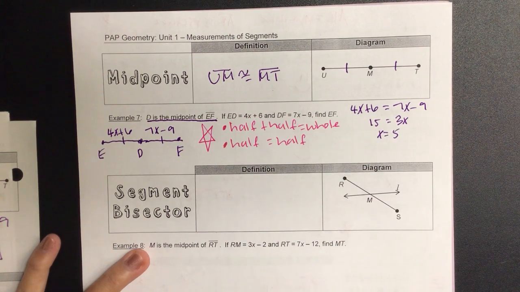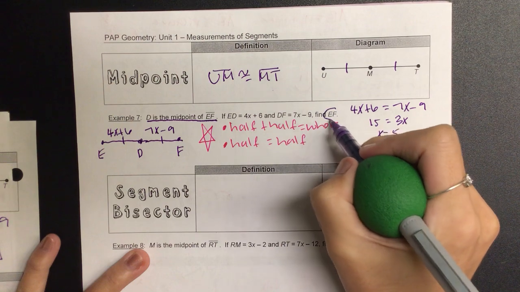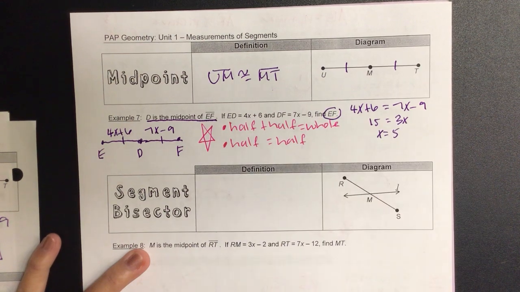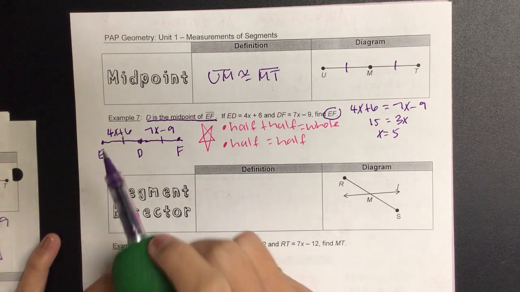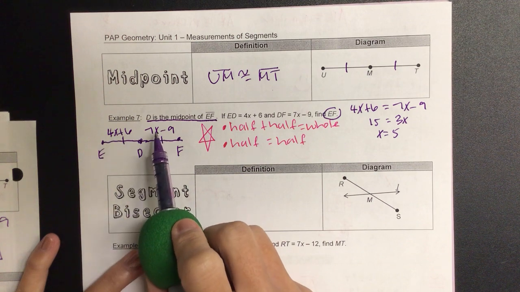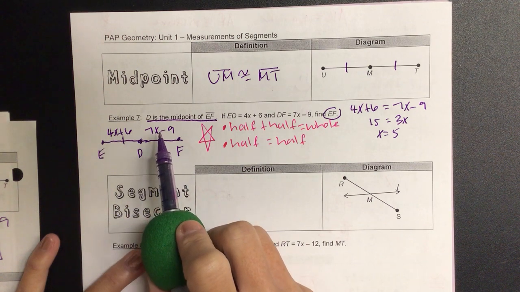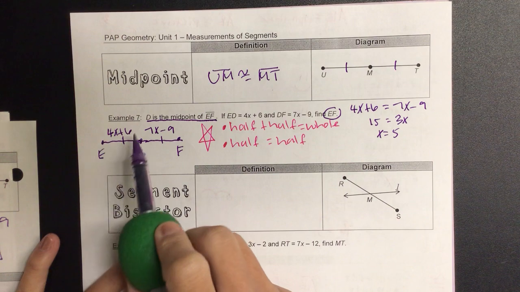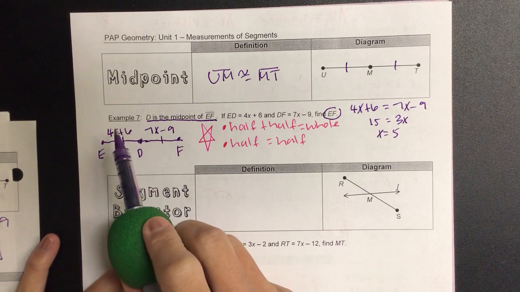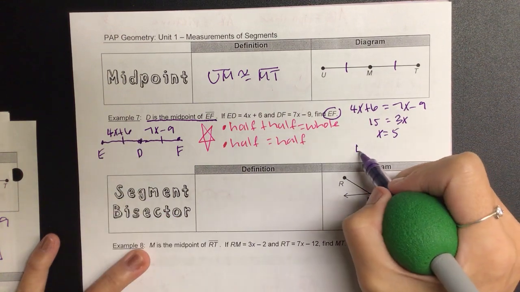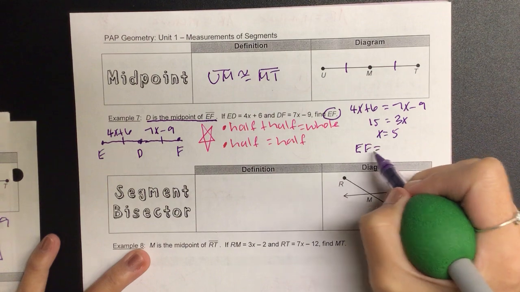Is that what we're asking for? It says to find EF. To find EF, can I plug it into this guy and add it? Or can I plug it into the easier one and double it? That's what I would do. Try it. We'll still get the same answer.